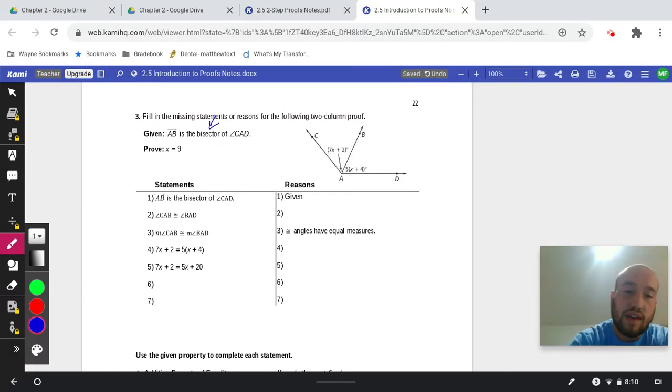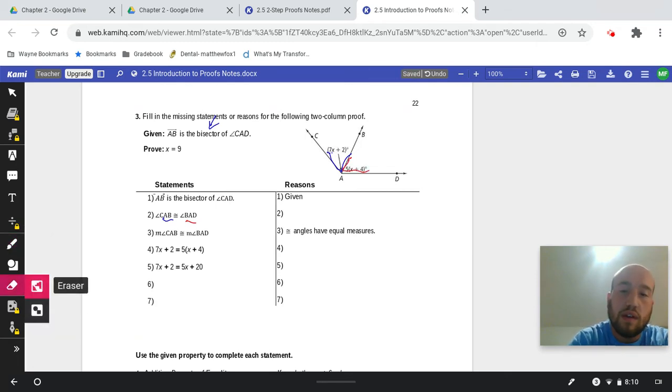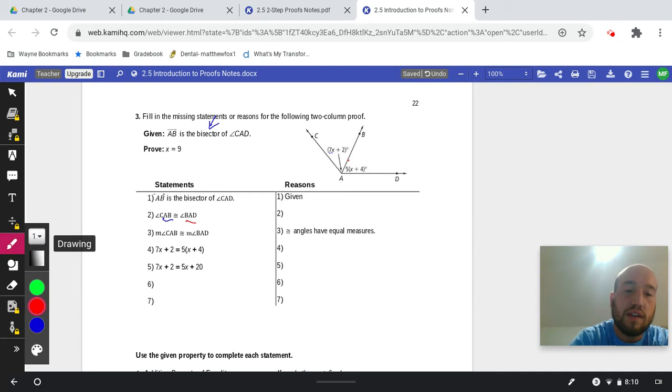So CAB, this angle, and BAD, this angle, if it's the bisector, we know those 2 angles have to be congruent. They're the same, and that is our definition. So I'm going to put DEF with a period, which stands for definition of bisector. A bisector always cuts it into two equal parts or two congruent parts.